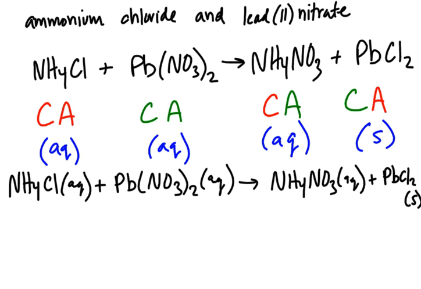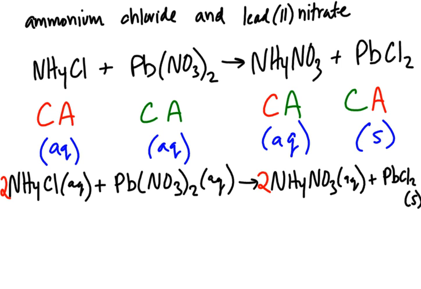So here I have 2 NO3s. Okay, so that means I need to have 2 NO3. So 2 here will distribute to that NO3. That'll also mean that I need to have 2 ammonium. So 2 ammonium here. And then that results in having 2 chlorides as well.